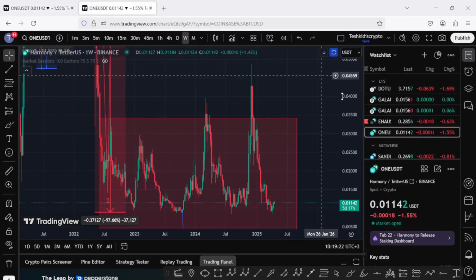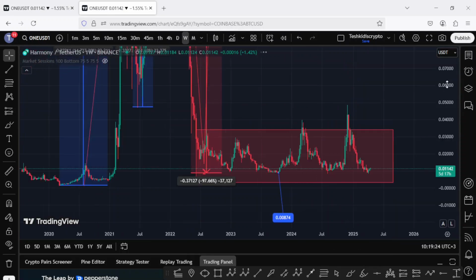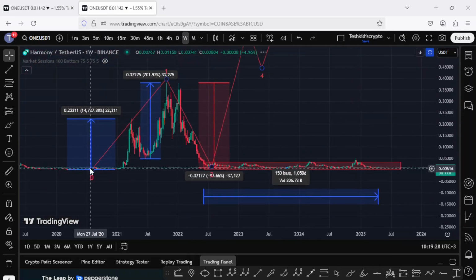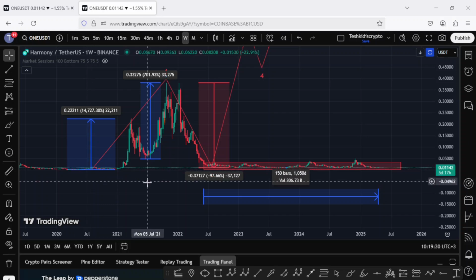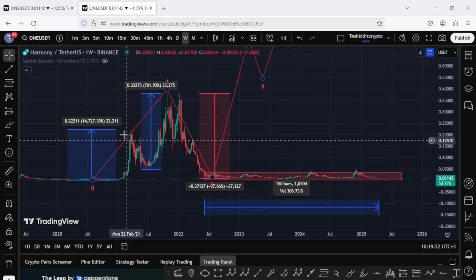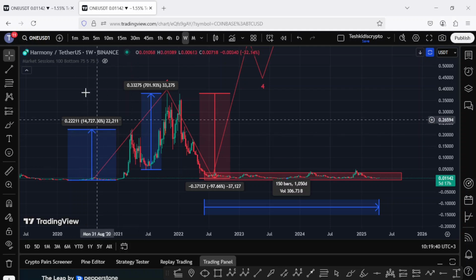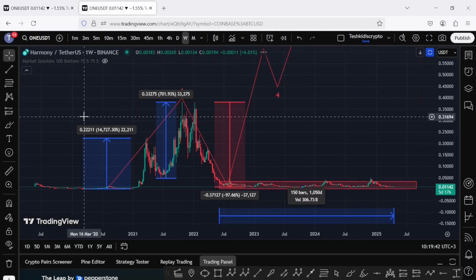Jumping to the weekly chart, you can see that from the lows we made in 2020, we saw a very aggressive bounce over here, giving us an all-time high by then above the 0.22291. In that bounce to the upside, at some point the market was up more than 14,727%.